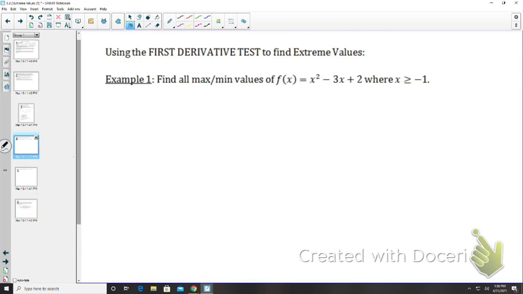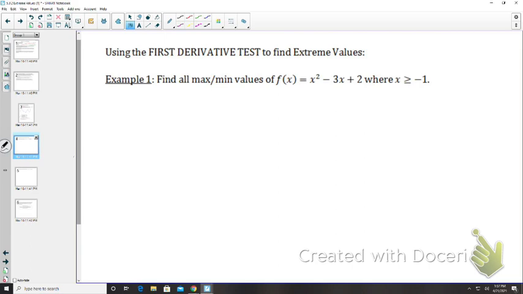Steps for finding extreme values. Step 1, find all critical points. I'll go into more detail on the steps when we solve it. I just want to give you the outline here.